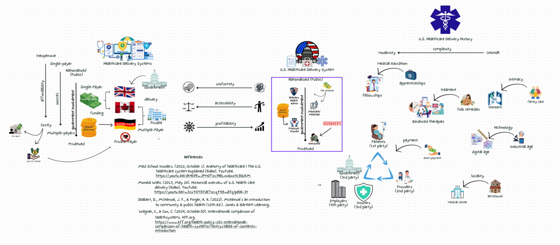So if we look at the US healthcare delivery system, you'll see that it actually has many components of other systems. For example, the Veterans Health Administration is completely nationalized, whereas Medicare and Medicaid is paid for publicly, but is delivered privately.